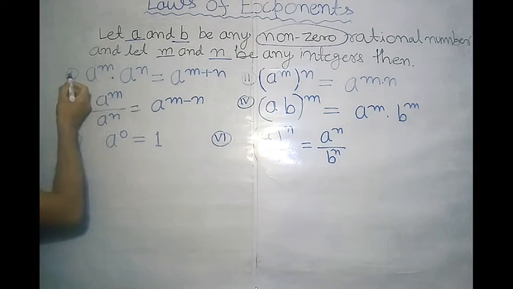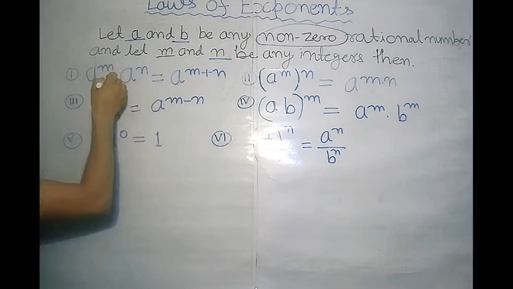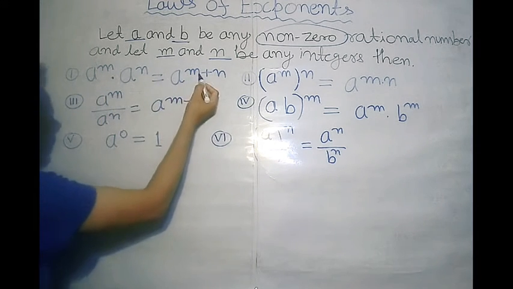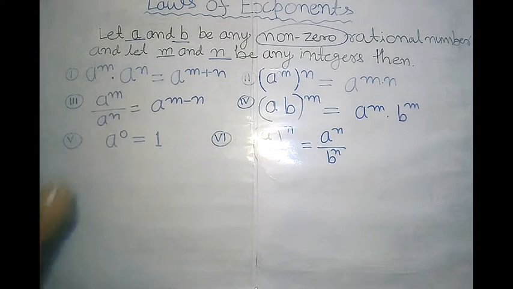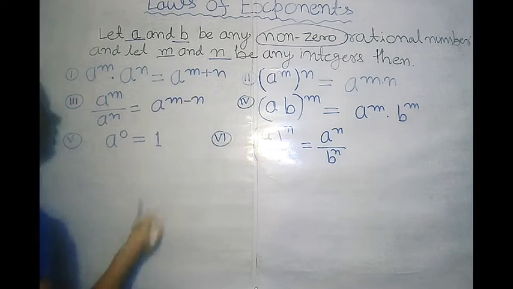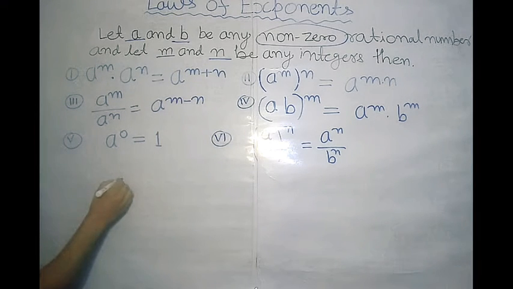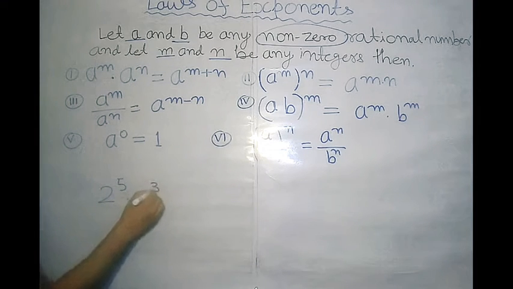Here the first rule is a raised to the power m, this dot means multiply, a raised to the power n equal to a raised to the power m plus n. If the bases are equal and the powers are different, you have to add the powers. Suppose 2 raised to power 5 and 2 raised to power 3.